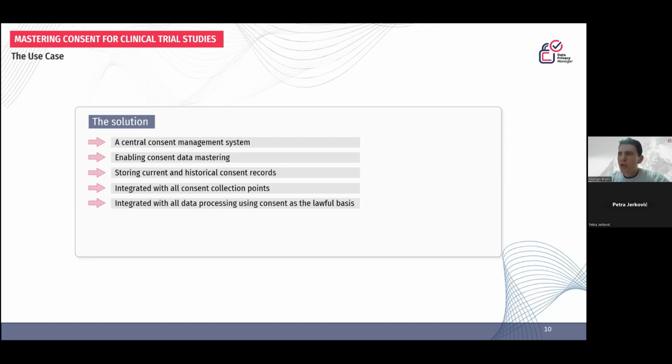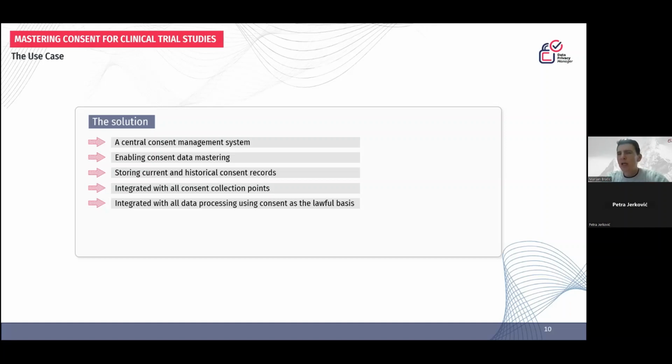The solution is also integrated with all data processing, using consent as the lawful basis. This is typically a requirement coming from the privacy world, from privacy compliance, where for everything you do when it comes to processing personal data, in this case sensitive data, you need to do a proper data protection impact assessment.